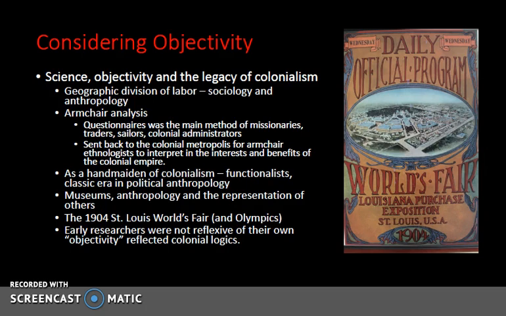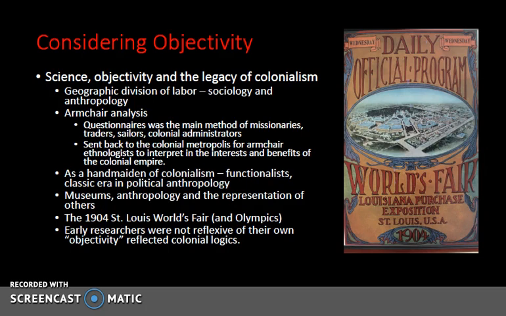Madison brings up the point that we need to consider both objectivity as well as subjectivity. And of course, the discussions about objectivity have been written about quite extensively within the field of anthropology.